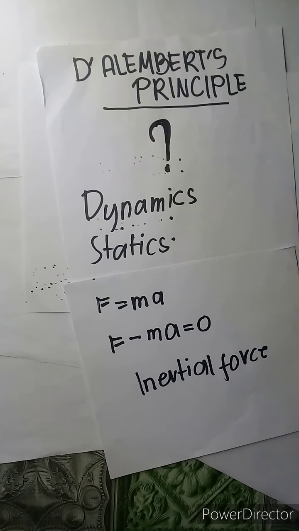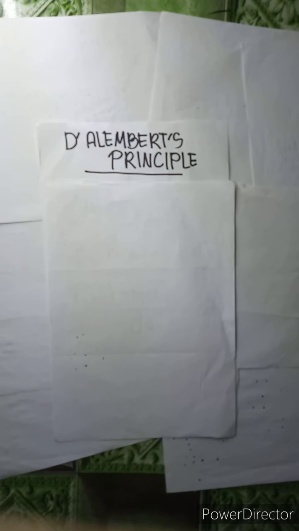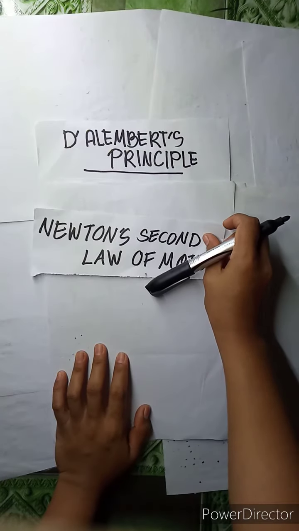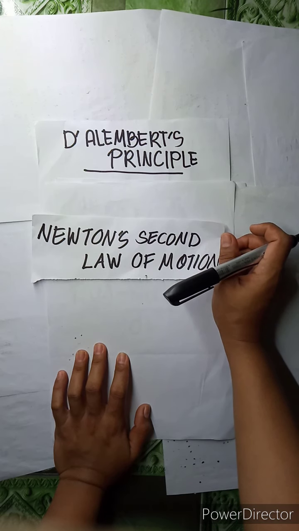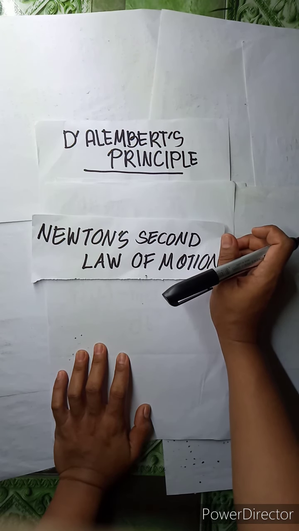So D'Alembert's principle is a concept where there is an inertial force, which is always the system's mass times acceleration itself in the opposite direction. So D'Alembert's principle is absolutely based on Newton's second law of motion. So in dynamic structure problems, there are three principles of law that we have to know.